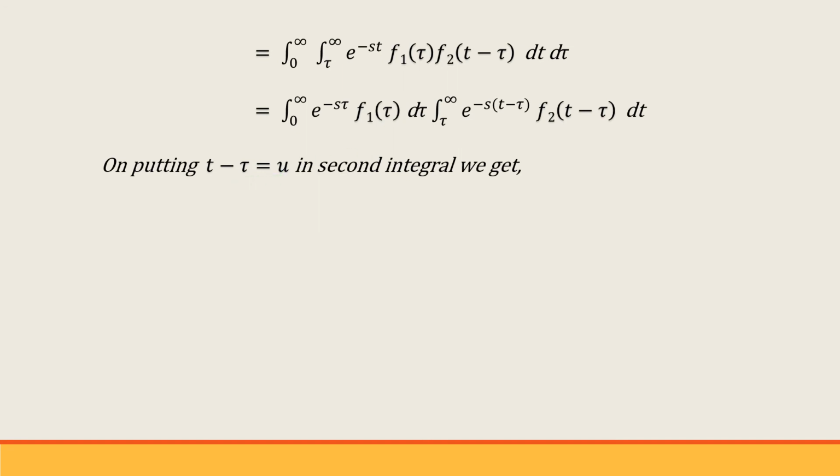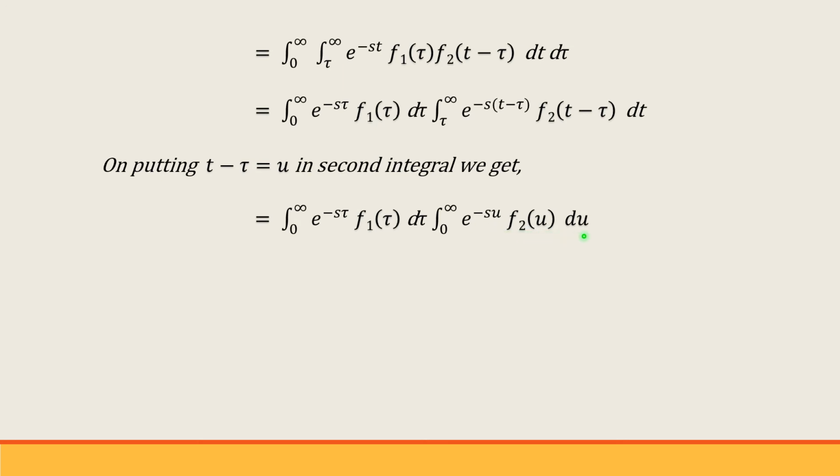So, we get the equation as integral 0 to infinity e raised to the power minus s tau into f1 tau d tau into integral 0 to infinity e raised to the power minus s u into f2 u du.